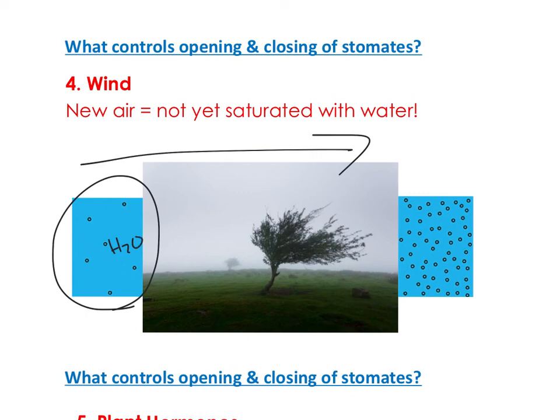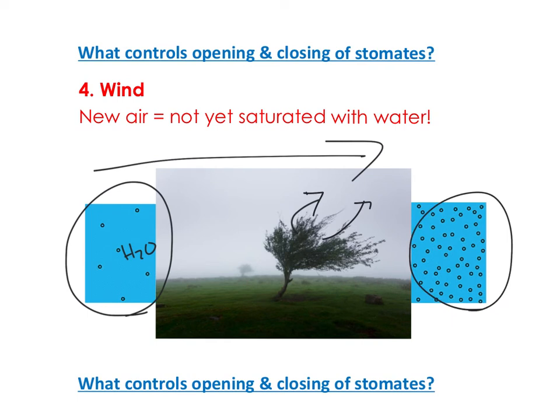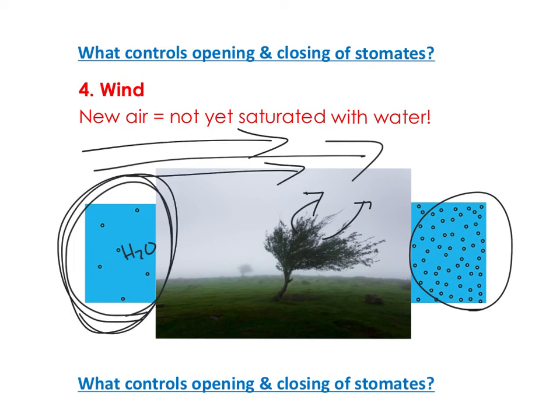Well, when the air comes past, the plant is going to lose water molecules, and that air will become more full of water. Well, if the wind is continually blowing, it's going to continually bring unsaturated air over, such that more and more water gets pulled from the plant.